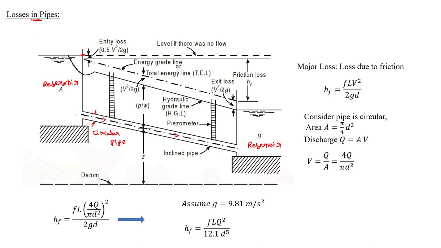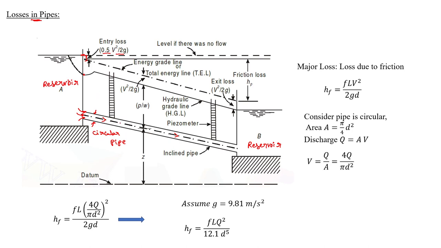After the flow enters the pipe, if you insert a piezometer just next to it, you will observe a declination in the total available head, and this particular loss is attributed as entry loss, which is denoted as 0.5 v square by 2g.